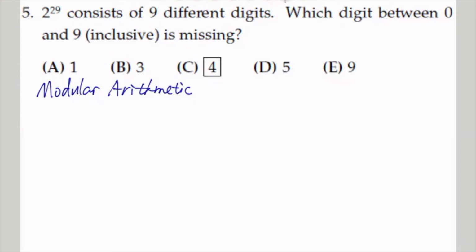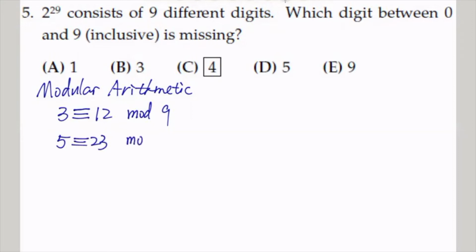If you look at 3 and 12, if we divide them by 9, we get the same remainder, which is 3, so we see that 3 and 12 are congruent in mod 9. And if we divide 5 and 23 by 9, we have the same remainder, which is 5.